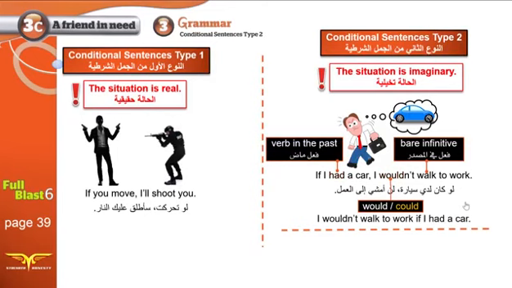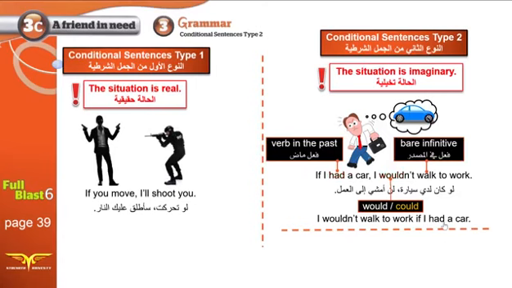Okay. Now, it doesn't make any difference if we start with the if clause or with the would clause. I can switch between these two clauses without changing the meaning. I wouldn't walk to work if I had a car.